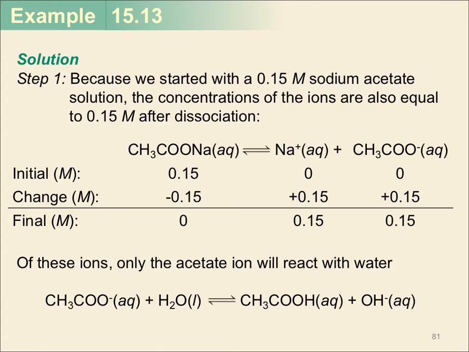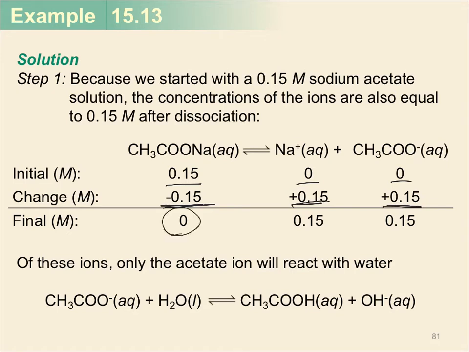So what we do is we set up our ice table. Okay? Now, since this is a soluble salt, the ice table is actually pretty simple. We start off with 0.15 molar sodium acetate, 0 and 0. When it all dissolves, we don't have any more sodium acetate. It's all been dissolved into sodium and acetate.